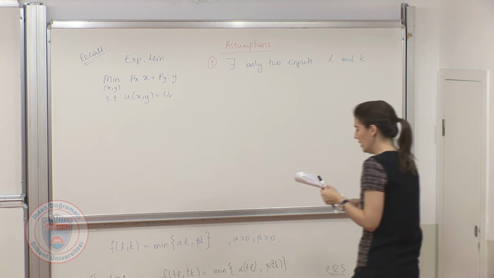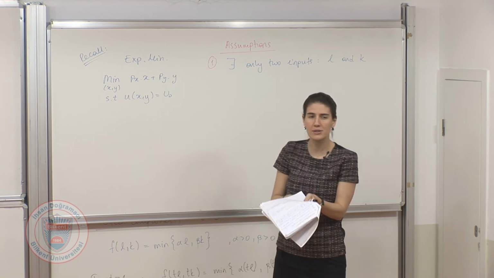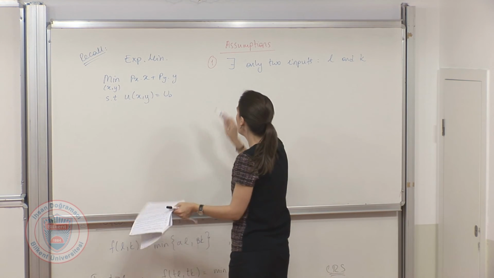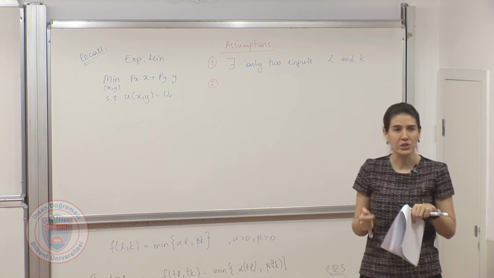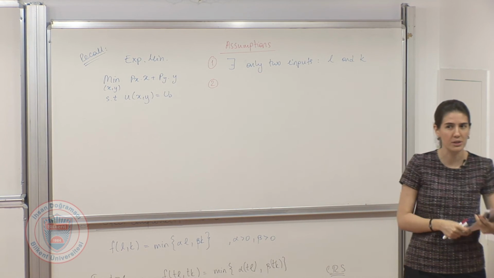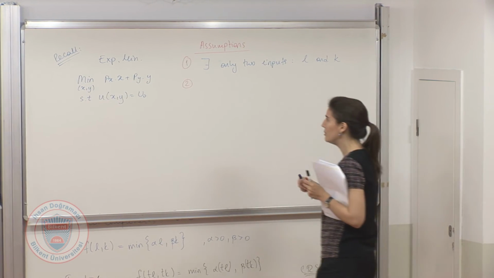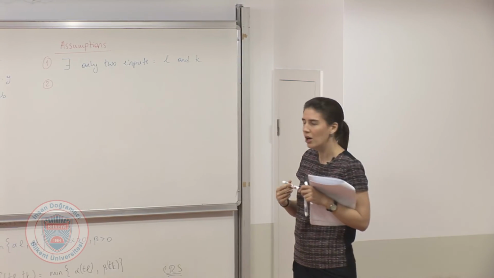It's easy. The other one is, some of your friends were asking me, we said labor and capital are homogeneous. Do you think this is the case in real life? Remember, these are all assumptions, but we should always keep in mind that they are simplifications of real life.